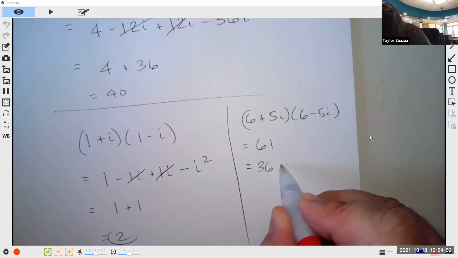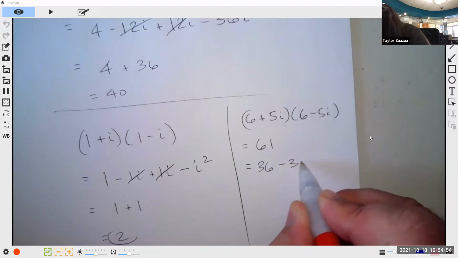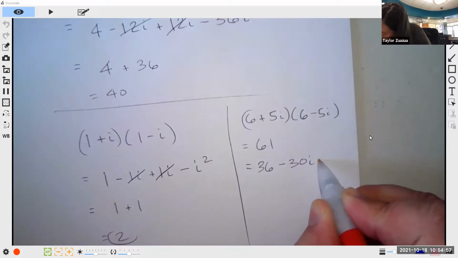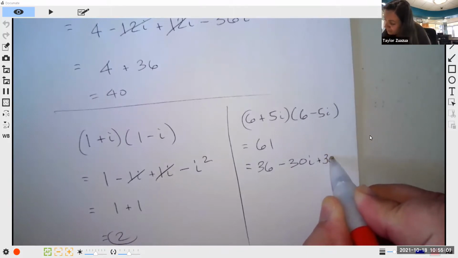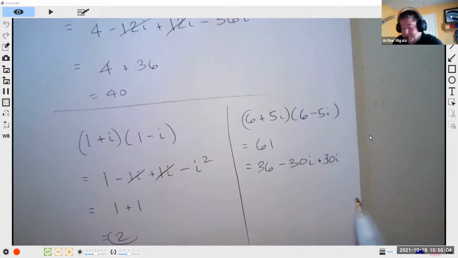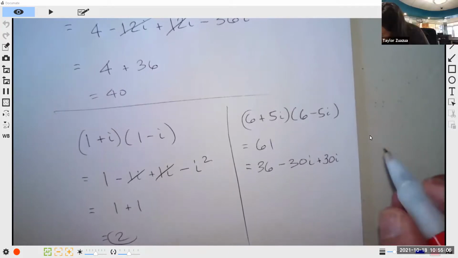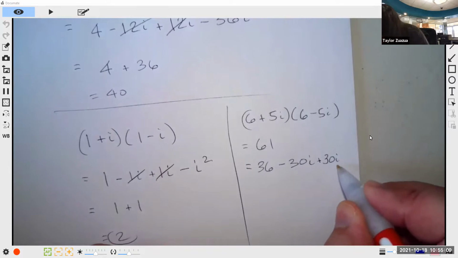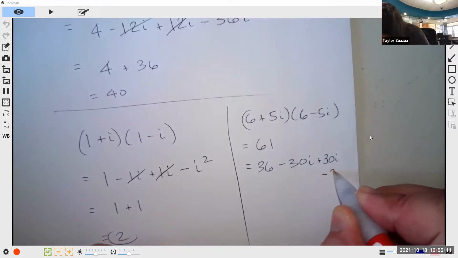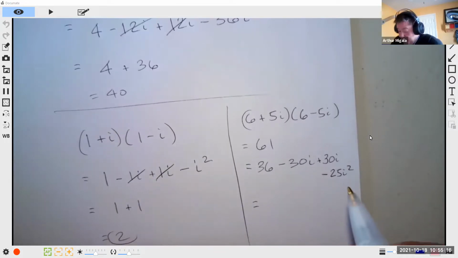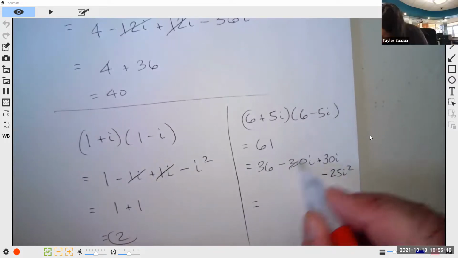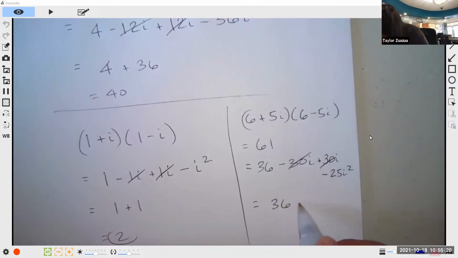And then 5 times 6 is 30, sorry, 30. And then 5 times 5 is 25, but it's a negative 25 i squared. Very good. So these cancel each other out. So you got 36 plus 25, right? That's 61.